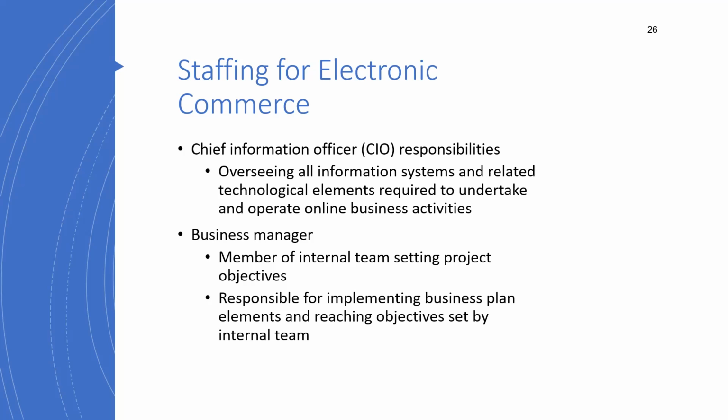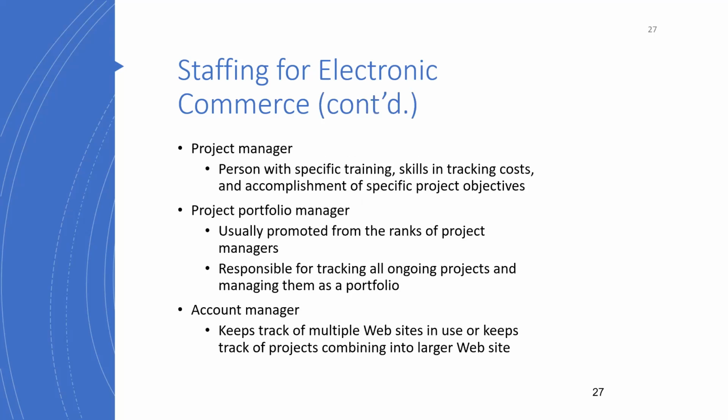For an e-commerce web company, having a CIO, a chief information officer, is important for the technology side, and having a business manager is important for growing the business. Having a person specialized in technology and a person specialized in business is good.